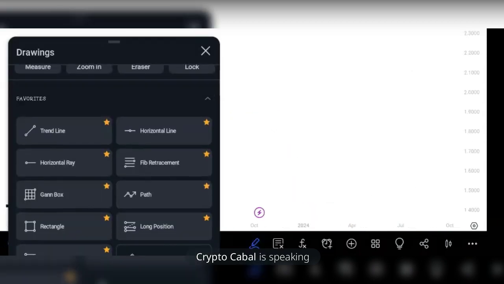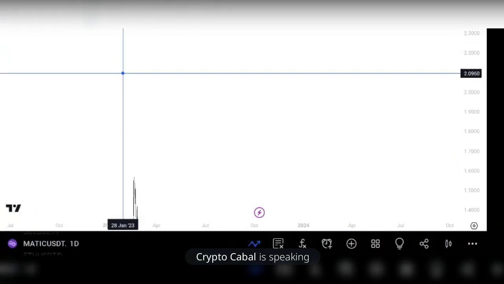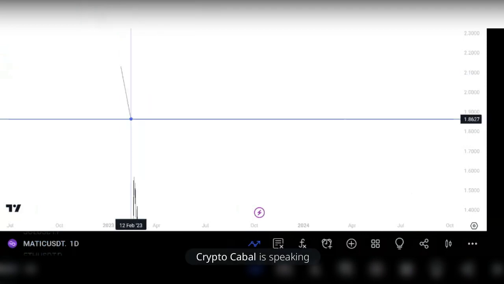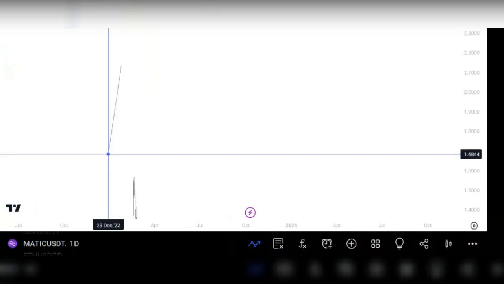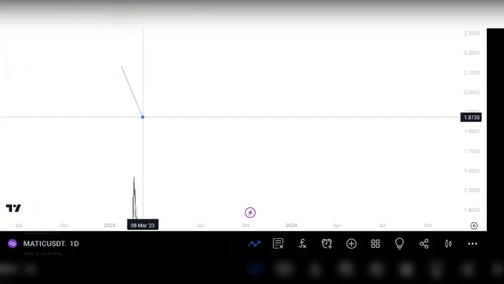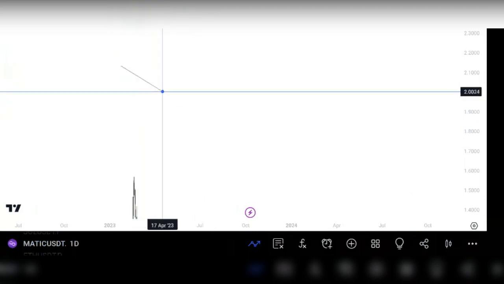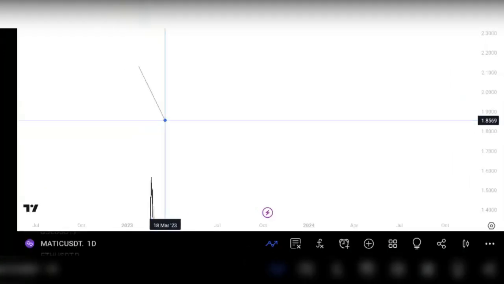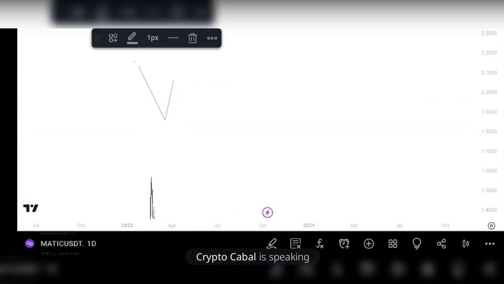Let's take for example, we have price. Let's say price is in a downtrend. Let's say we have a series of lower highs and lows.